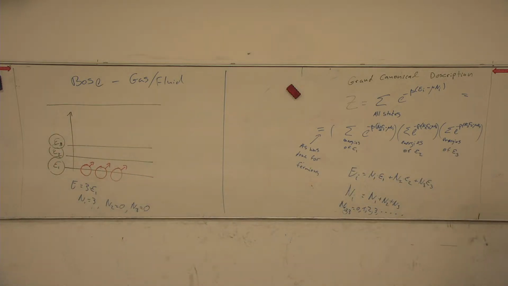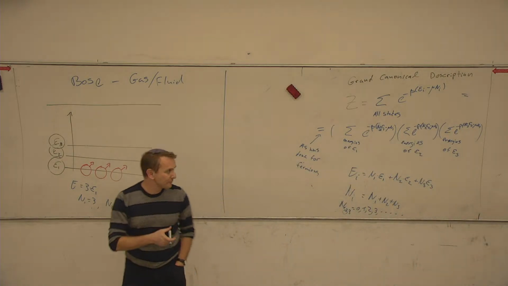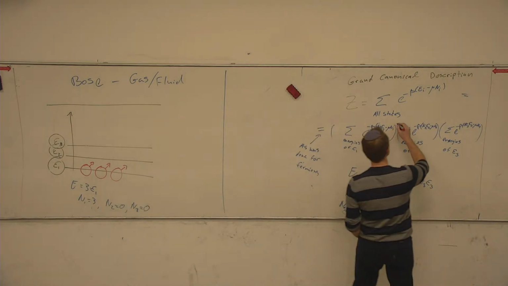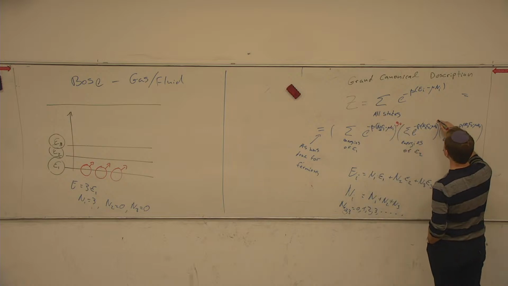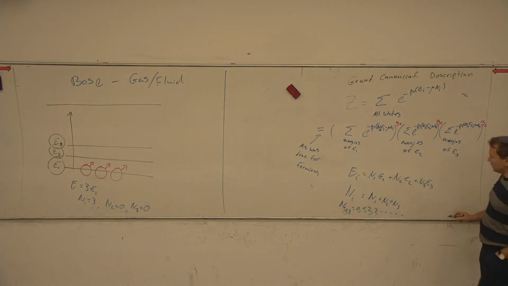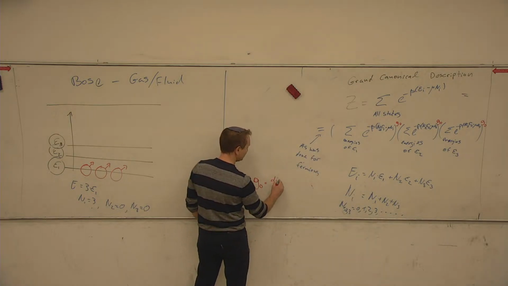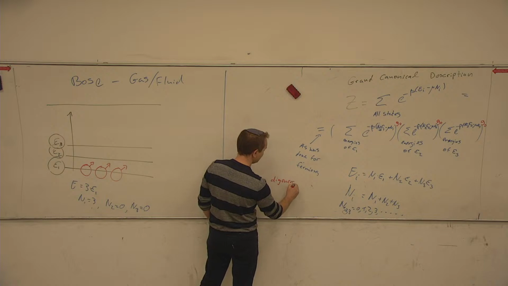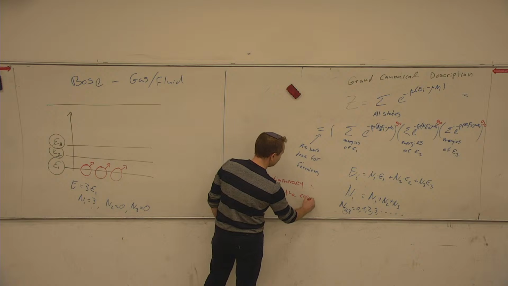Now, since I have degeneracy in my system, because I assume the bosons can have spin up and spin down, here I would write the degeneracy. Let's write it down as g0, and g0 is the degeneracy of the energetic level.